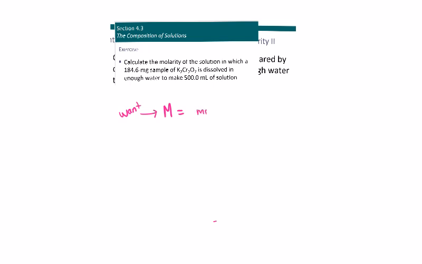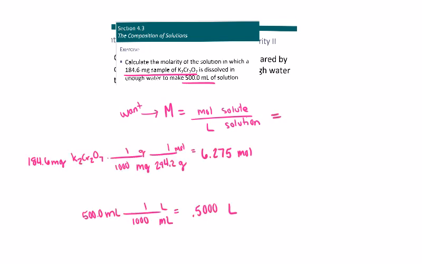So we need moles of the solute over the liters of your solution. Okay, they gave us milligrams and they gave us milliliters. So we've got a couple of conversions to make. So pause me, make the simple conversions, and then unpause me. All right, so if you've unpaused me, I hope that you've worked your problems just like I have written here.